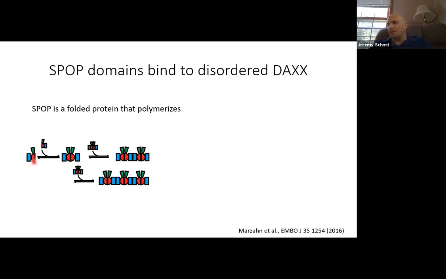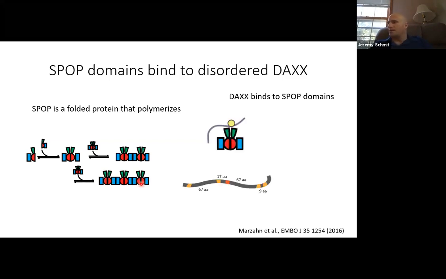The red and blue domains like to dimerize with each other, and so this leads to the formation of these rod-like assemblies here. And then the green domains, these sort of dangle off to the side. And what the green domains do is they bind to DAX.